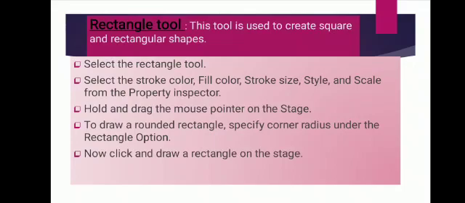Select the desired options from the property inspector. Then hold and drag the mouse on the stage. As the rectangular shape is created, release the left mouse button. Okay, simple, as when you are using a paint program.